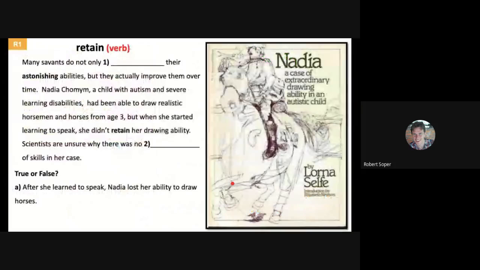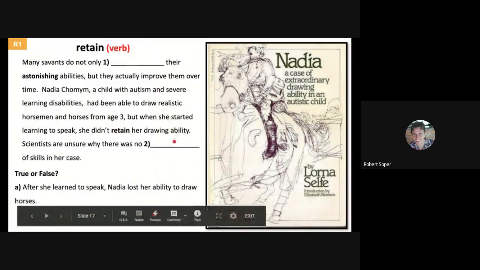Okay, let's look at the next word. So, retain, the word retain. Again, think about how this word could be used. It has different forms, so it's a noun, it's an adjective, and try and put the correct form of the word in the gaps. So 1 and 2. Pause the video and try and do that now.